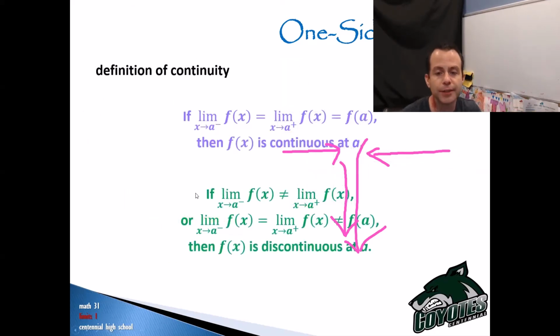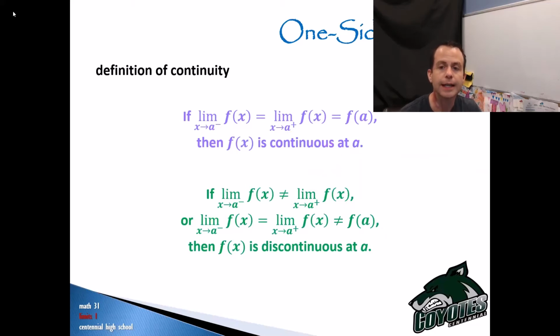Okay, and so here is the definition of continuity that I have been already saying. If the limit of f of x as x approaches a from the left equals the limit of f of x as x approaches a from the right, which equals f of a, then f of x is continuous at the point a.